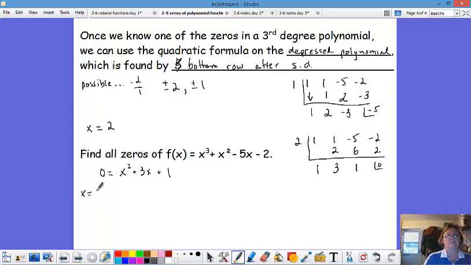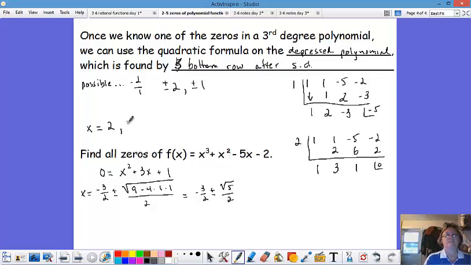X will equal the opposite of b over 2a plus or minus the square root of b squared, so 3 squared is 9, minus 4 times 1 times 1 all over 2. And moving on out this way, that's -3/2 plus or minus the square root of 9 minus 4, so root 5 over 2. That can't be simplified anymore.